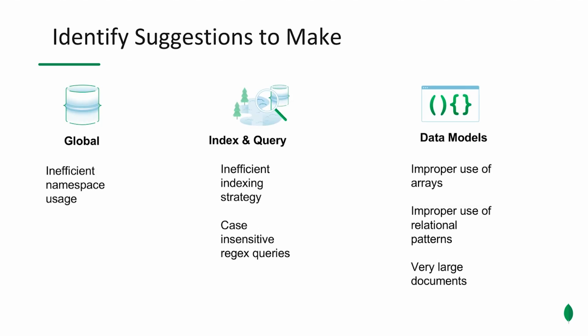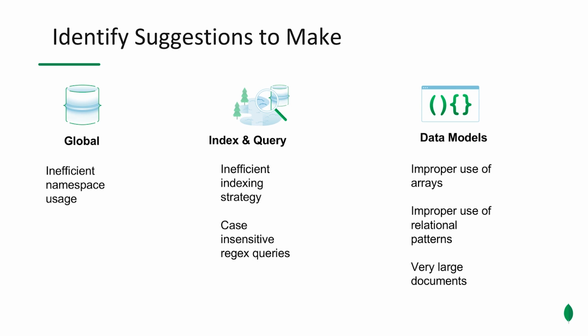Again, going back to the type of suggestions we're making, we call out when you have too many namespaces, which a fair number of users have because they have a multi-tenant architecture. We call out when you have too many indexes, which can impact your write performance.